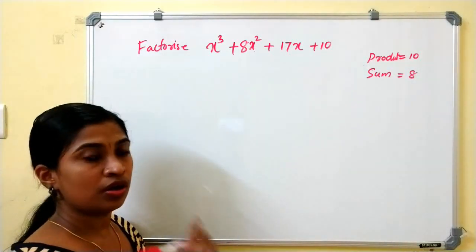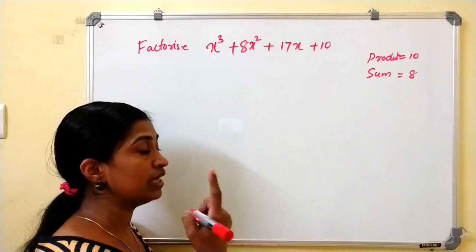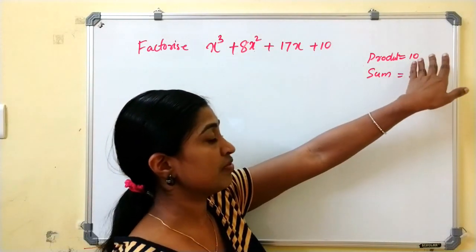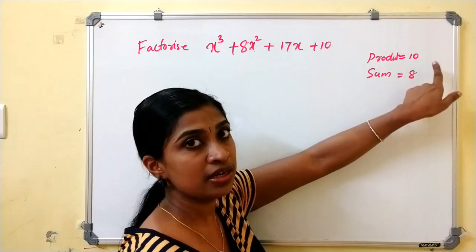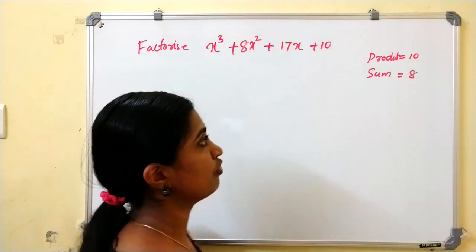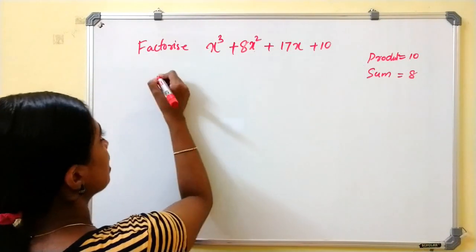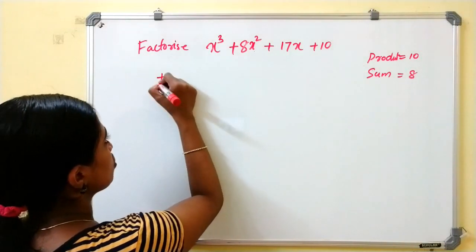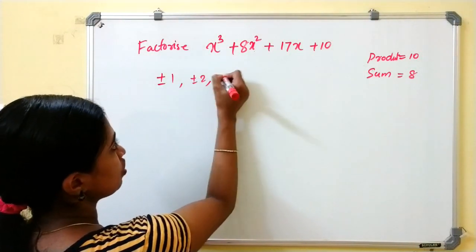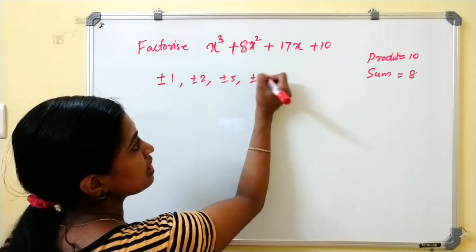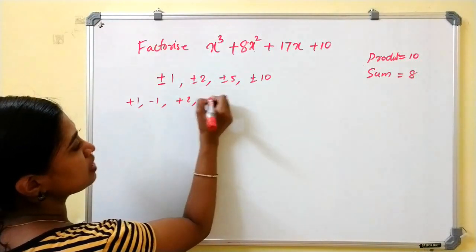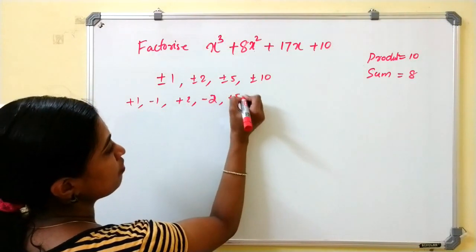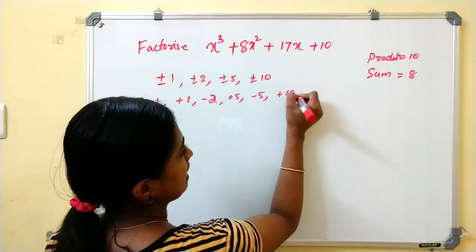So, in the earlier case, we have to find the factors of this product. Here, 10 is the product. We have to factorize the 10. Factors of 10 are plus or minus 1, plus or minus 2, plus or minus 5, and plus or minus 10. So the factors are plus 1, minus 1, plus 2, minus 2, plus 5, minus 5, plus 10 and minus 10.